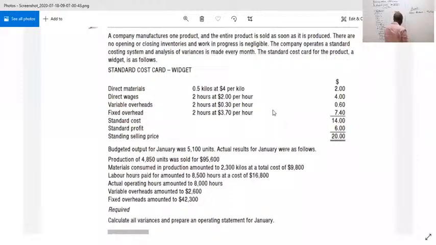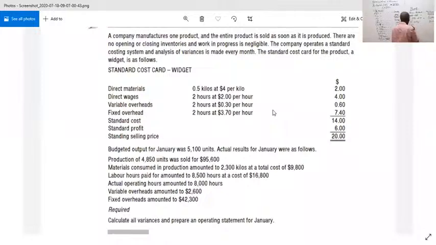And then I have material costs. As an accountant, I can see material cost there is 9,800. And then labor cost of 16,800. After that, we have variable overheads, 2,600.